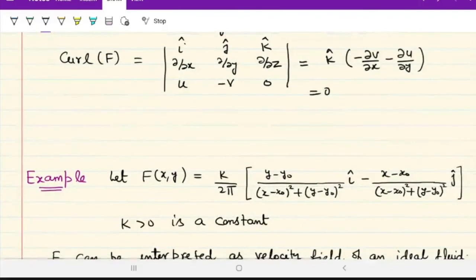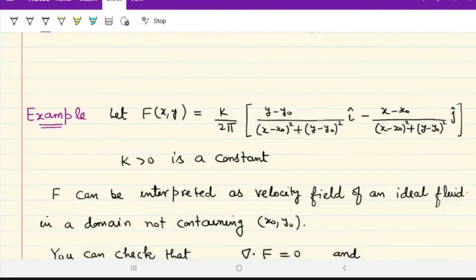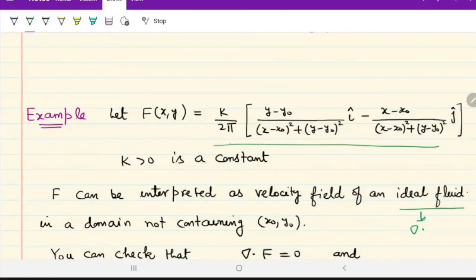Let's look at a couple of examples. Let's say F is the vector field given by this here, where k is a positive constant, and this denotes the velocity vector field for an ideal fluid, and by ideal fluid we mean incompressible and irrotational.